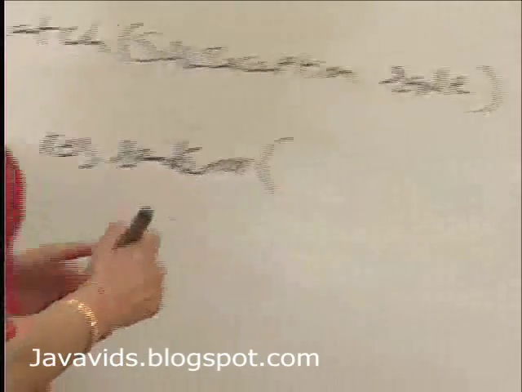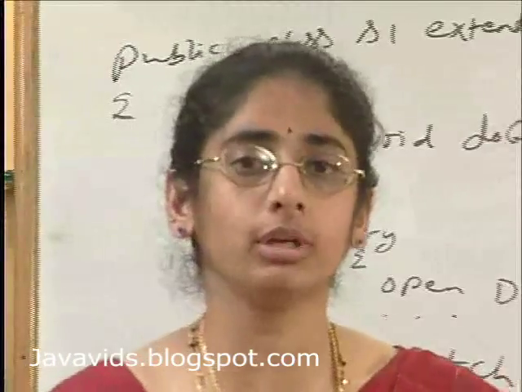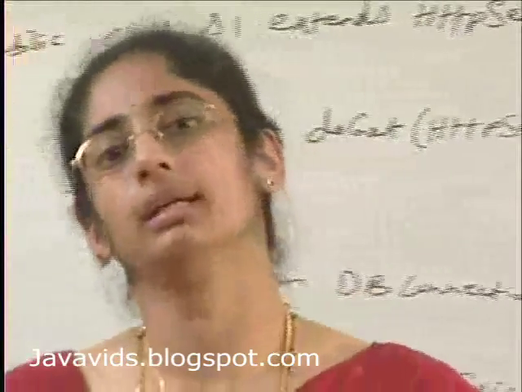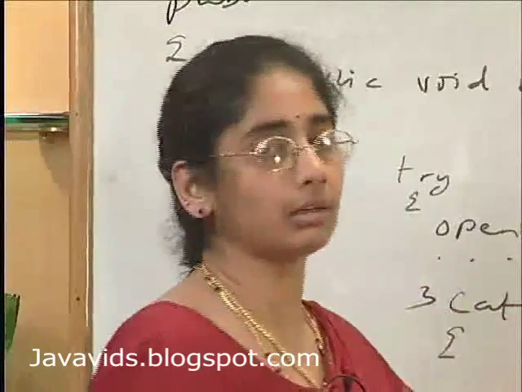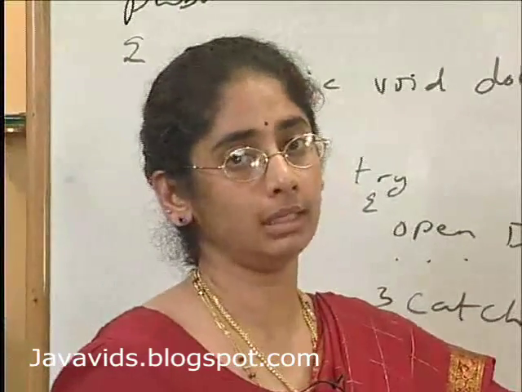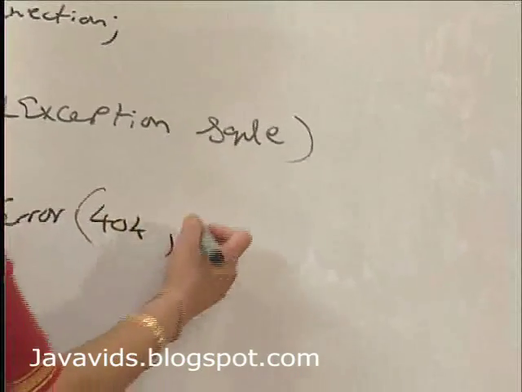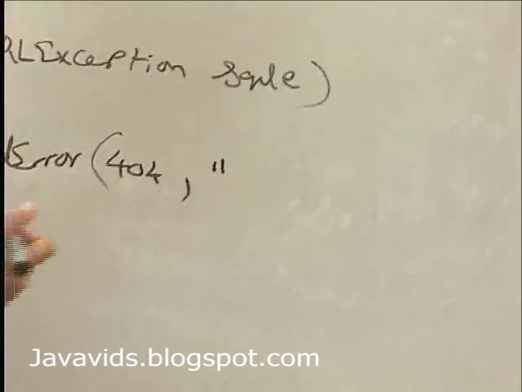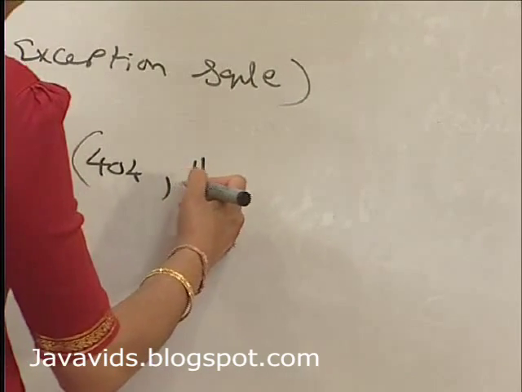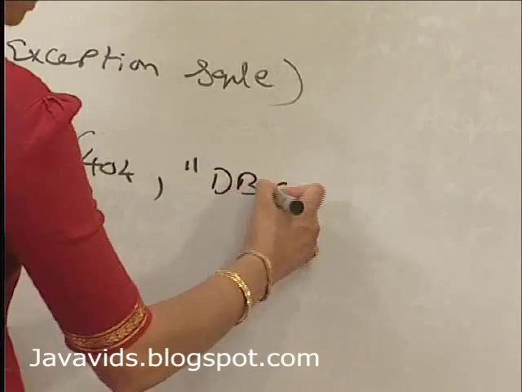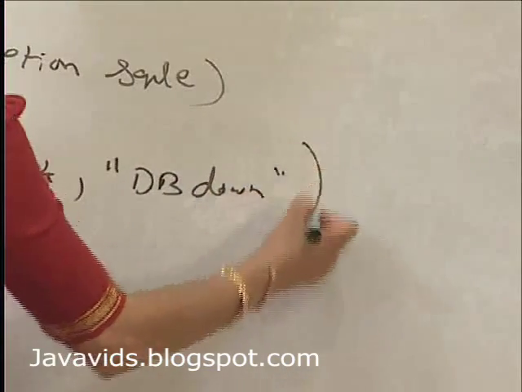So let's assume there is only a set of predefined error codes available, 400, 404, 500, 300, like this. So you have to use one of those error codes and specify the message. Let's assume that we use 404, comma, the message. Let's say we just want to display DB down.